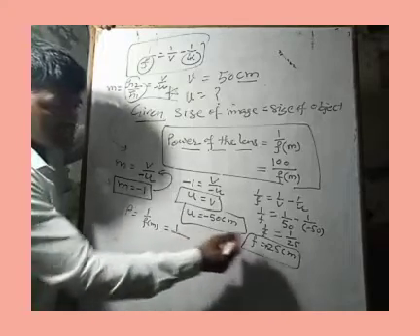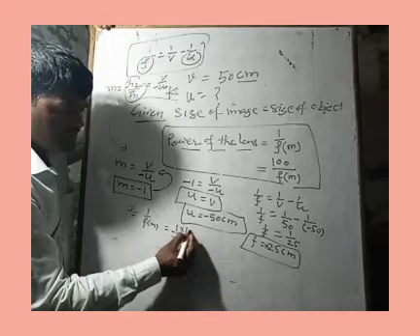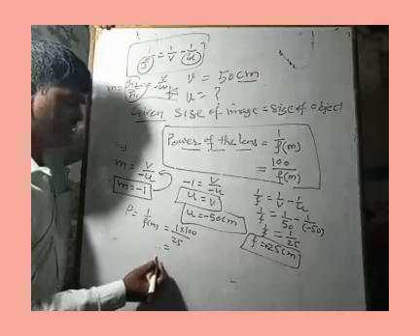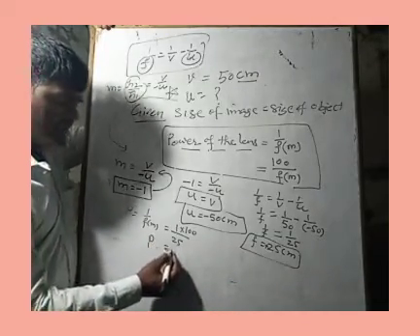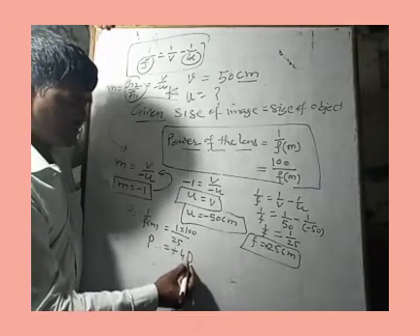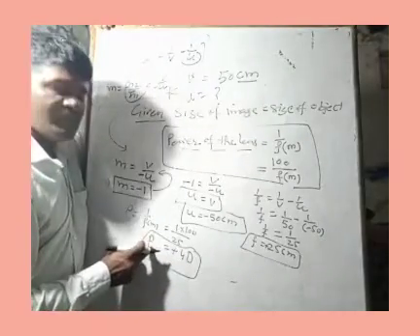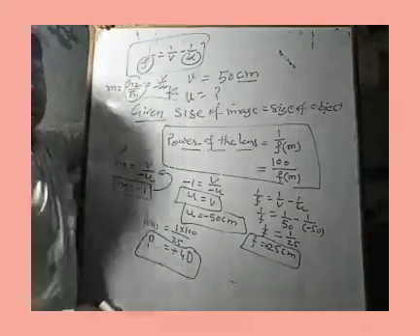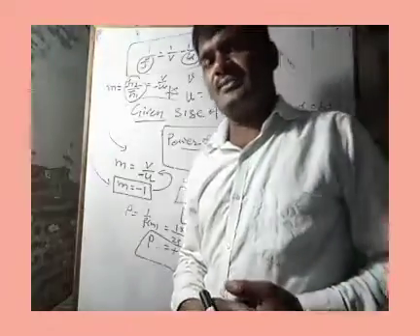Since it is in centimeter, we can multiply it by 100 to change it into meter, such that power is plus 4 diopter. Diopter is the unit to measure the power of a lens. Hence, power of a lens comes to be plus 4 diopter.